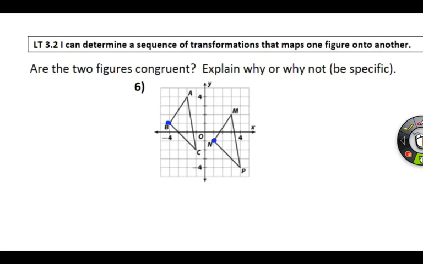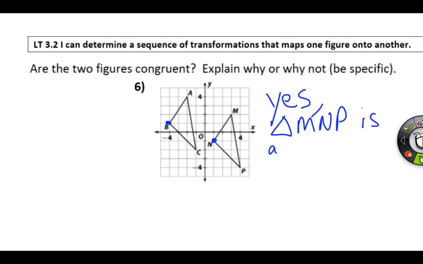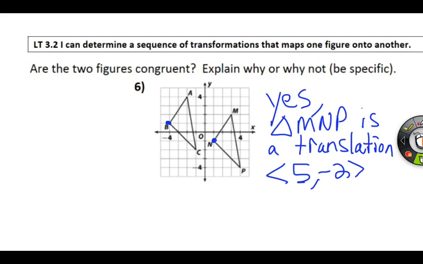So it depends on which direction we're going, but it would have to be over 5 and down 2, so we would say yes, and then triangle MNP is a translation by vector 5, -2 of triangle ABC.